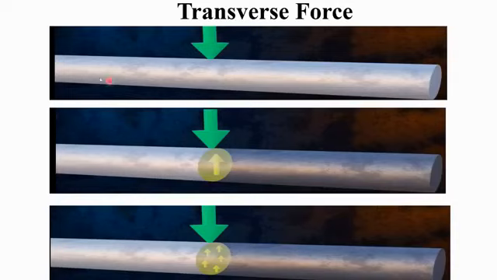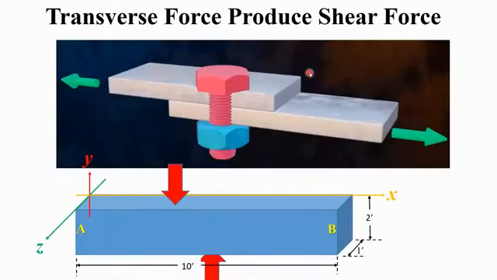Now, transverse force. You see, this is a beam. The force is coming. Transverse means perpendicular to the longitudinal axis. These are the reaction forces, I mean internal forces, and this is the internal stress. This is also an example of transverse. Why?